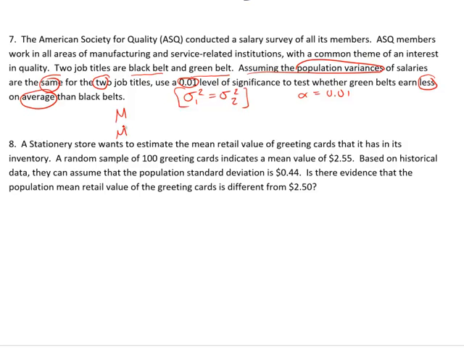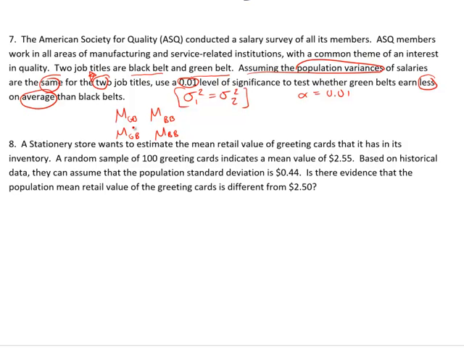Since it's a 2-sample test, I'm going to write GB on one and BB on the other one, green belt and black belt, since that's the focus of the study.